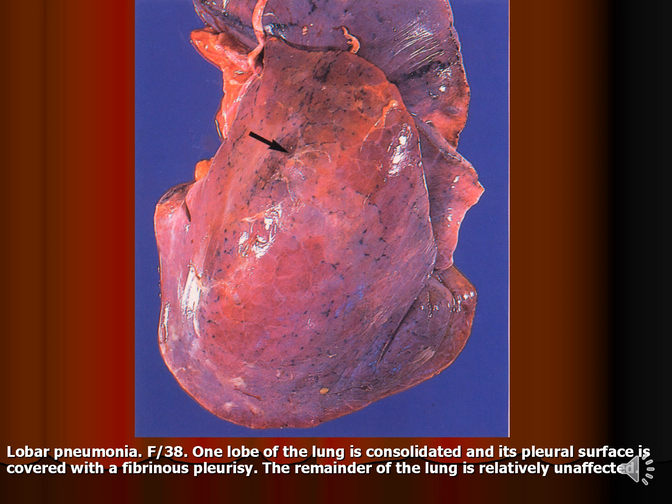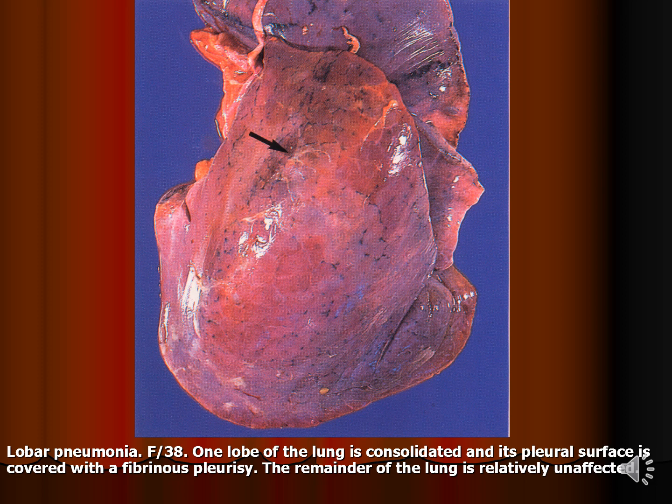Here you see also the gross specimen of the lung with the symptoms of lobar pneumonia. This material was obtained from the dissection of a female patient, 38 years old. We see that one lobe of the lung is consolidated, and its pleural surface is covered with fibrinous pleurisy. The remainder of the lung is relatively unaffected, but here the arrow shows these tiny fibers of fibrin exudate.